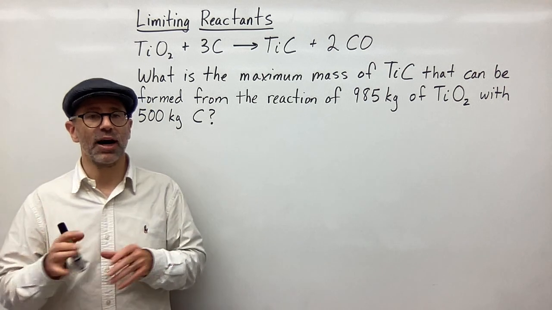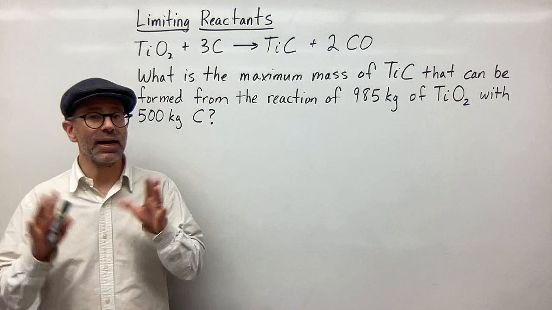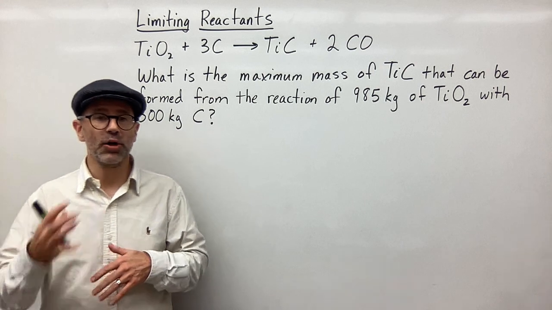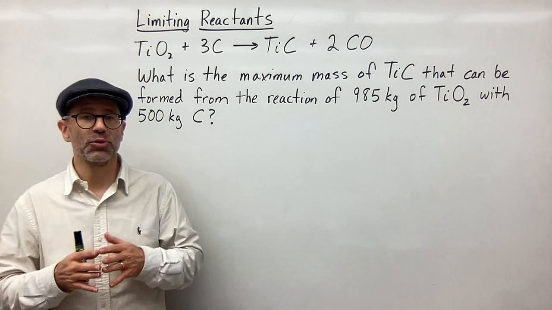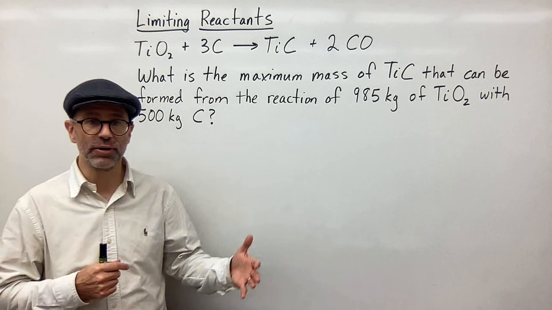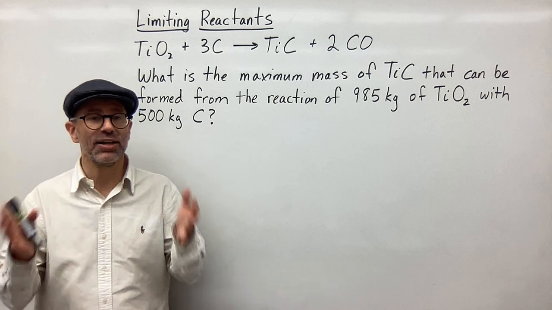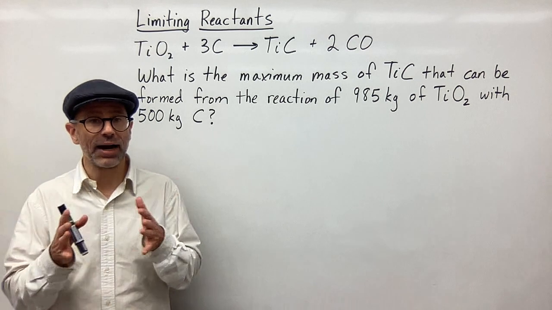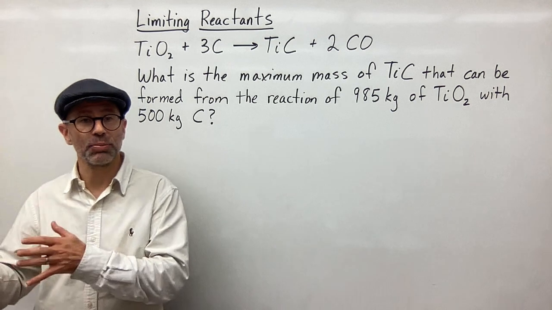Well, in a lot of cases, we're given problems where we're told that one reactant reacts completely with another reactant. So we know that at the end of the reaction, no reactant is left over. They both react completely to form a certain product.